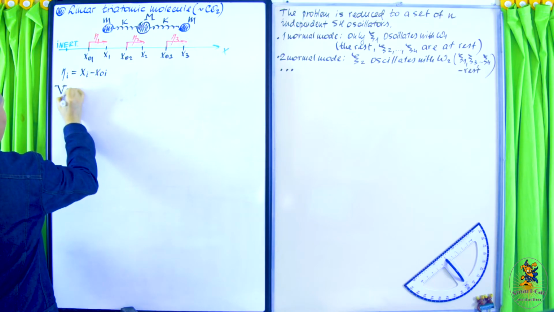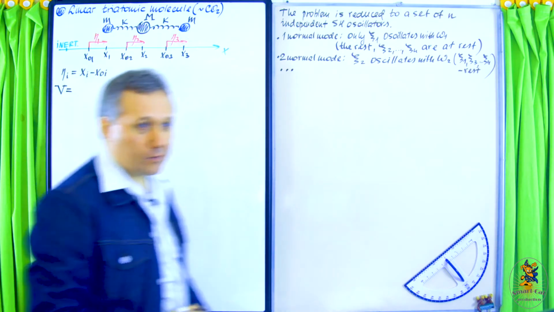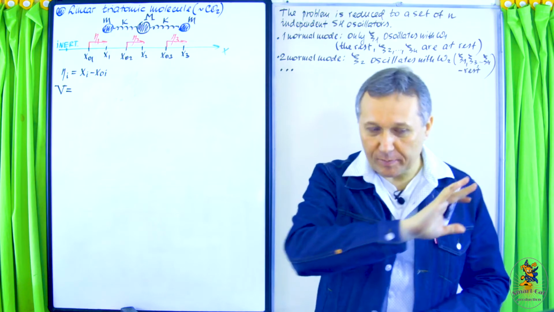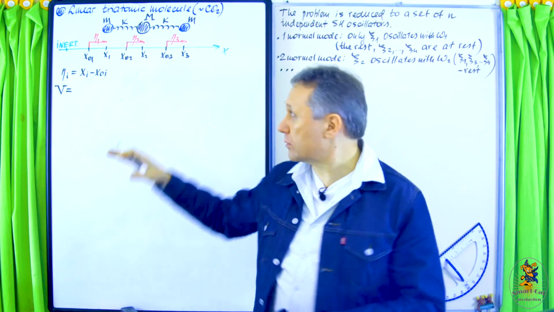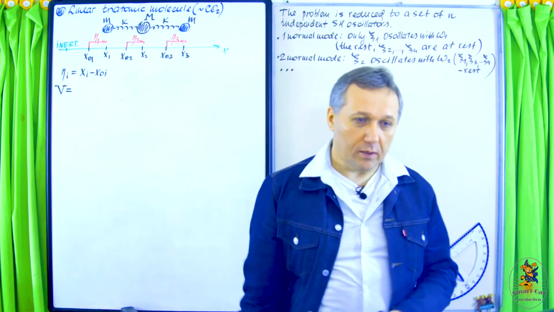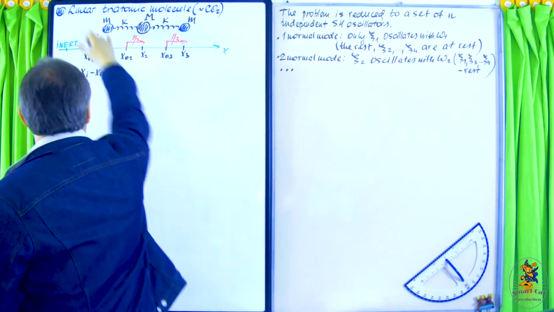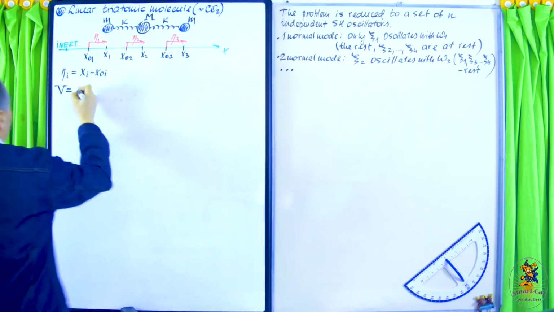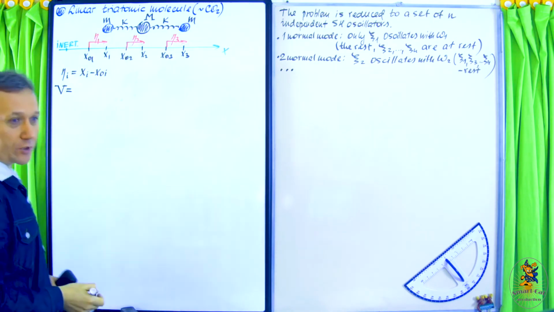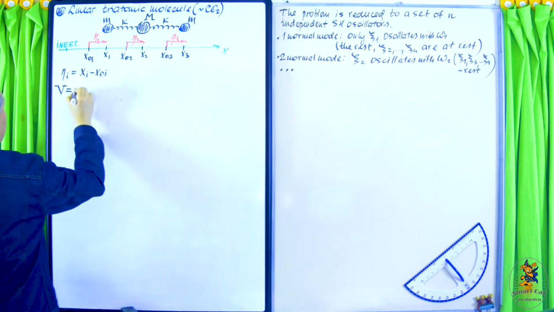So V equals, right? Gravitational potential energy is out of the question because it's either 0 or constant. We can ignore it, because they're at the same level. So only spring potential energy, and we can easily write that down.